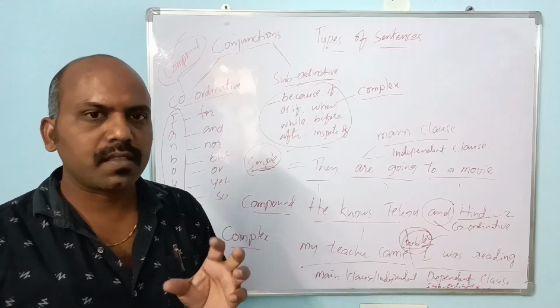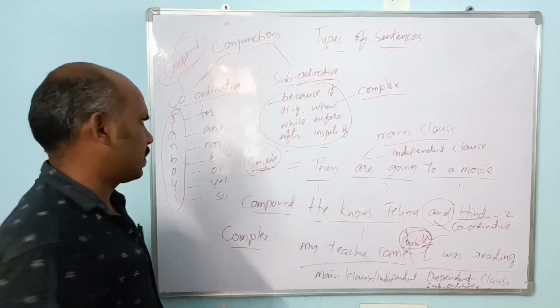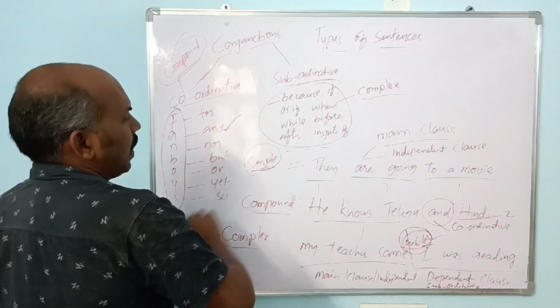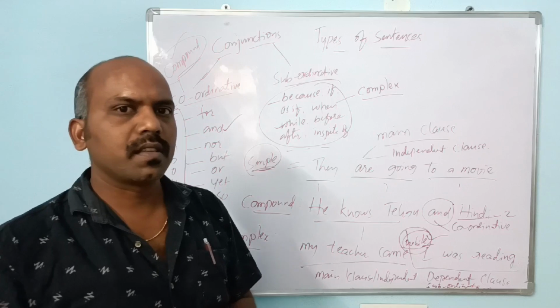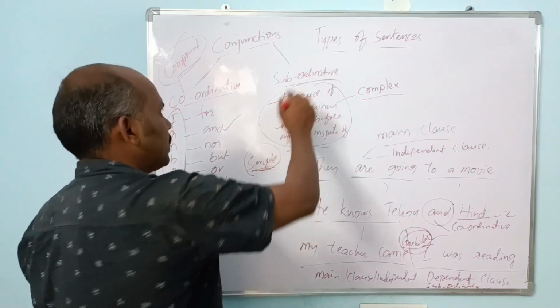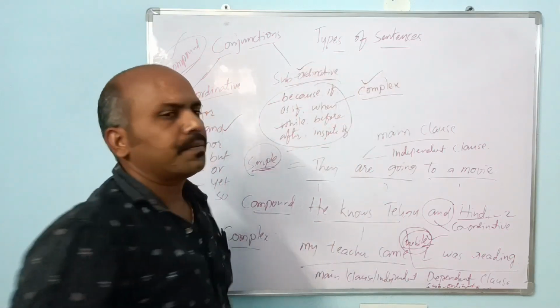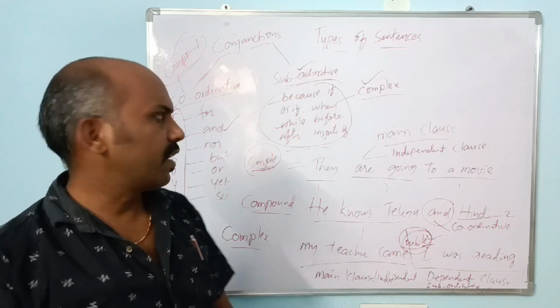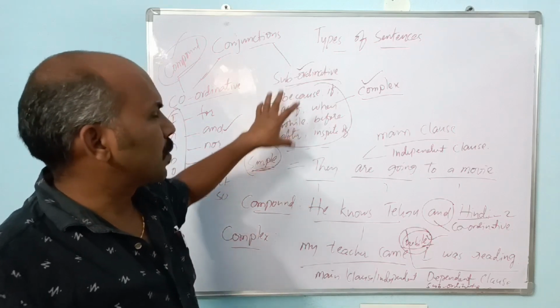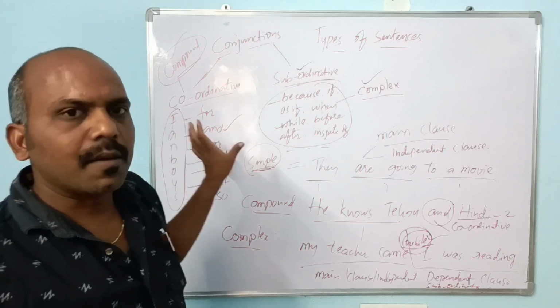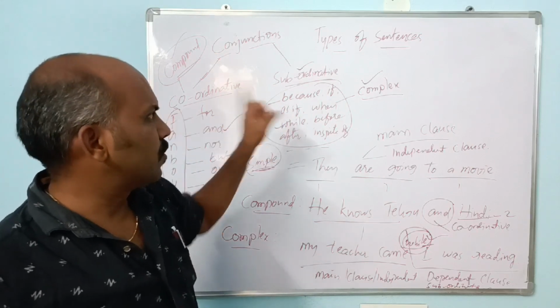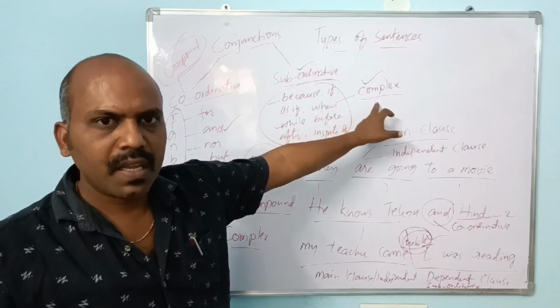If you find in the sentence both kinds of conjunctions, suppose 'and' and 'while', then it comes under complex sentence, not compound sentence. If there is no subordinative conjunction, and you find only coordinative ones, then that is compound. If you find both, then it goes to complex only.